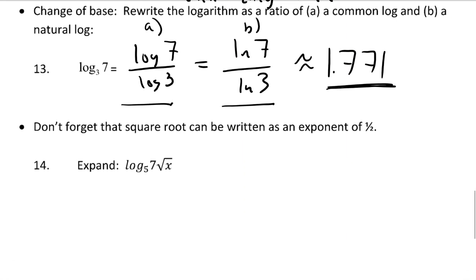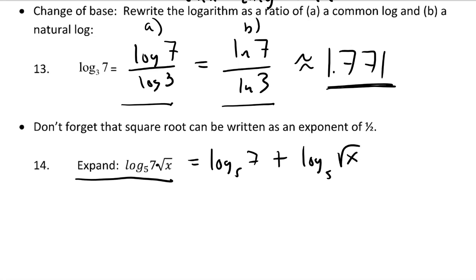All right, and then finally the last tip that will be helpful for our homework is if I ask you to expand this, this is 7 times the square root of x. So multiplication inside expands as addition, but the answers aren't going to look like this because the roots, square roots, cube roots, fourth roots, are really exponents.